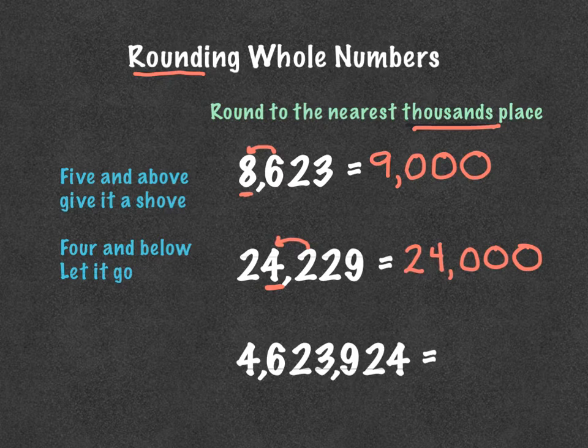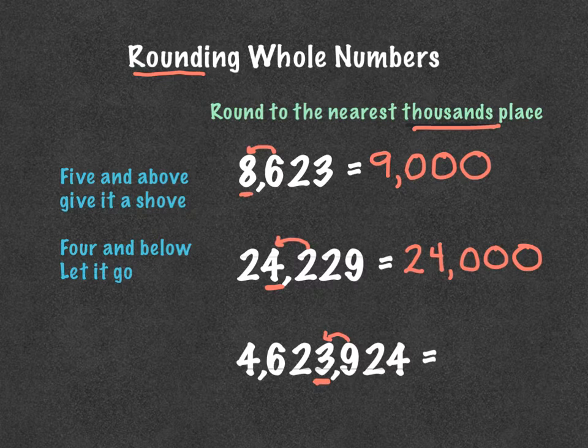This next number is really big. We've got 4,623,924. Once again, we're going to identify our thousands place. So the 3 is our thousands place, and our 9 is our bossy number. It's either going to boss that 3 up or not.